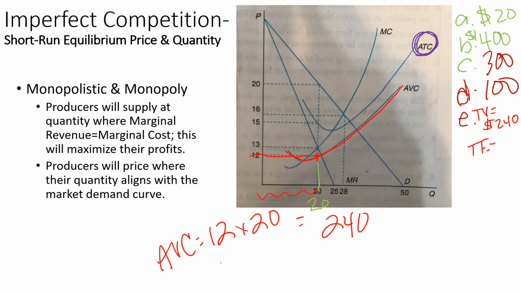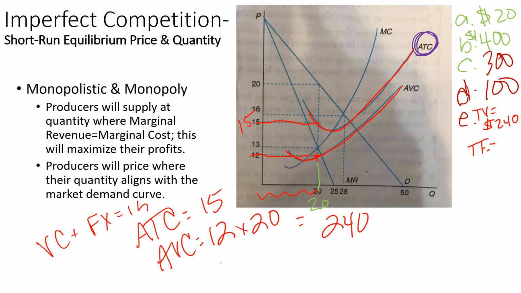Well, we see our fixed costs. There's not a fixed cost curve here, but there is a total cost curve. And we know our average total costs are $15, and average variable costs are 12. So we know that variable cost plus fixed cost equals 15.